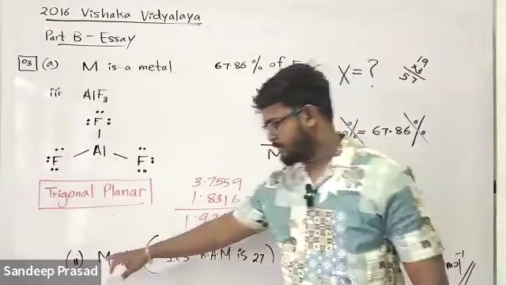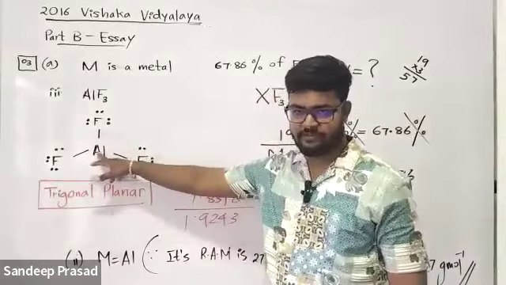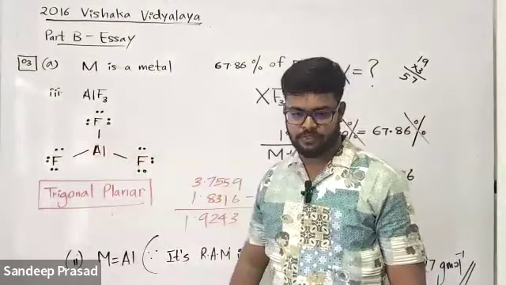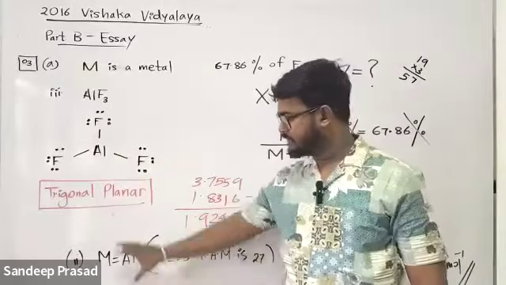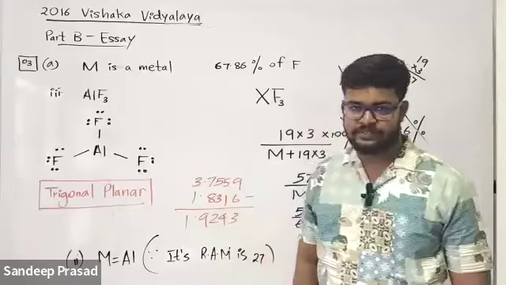After identifying M is aluminium, you can use aluminium. If not, capital M is also fine. Because now I identified that capital M is aluminium, later we can use aluminium, doesn't matter.